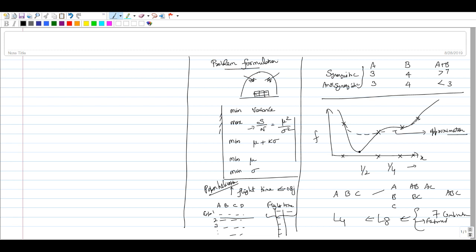The deal is, for instance, let's say that you have two factors with two levels and two factors with three levels. So 2 factors, 2 levels is 2 raised to 2. Then 2 factors and 3 levels is 3 raised to 2.